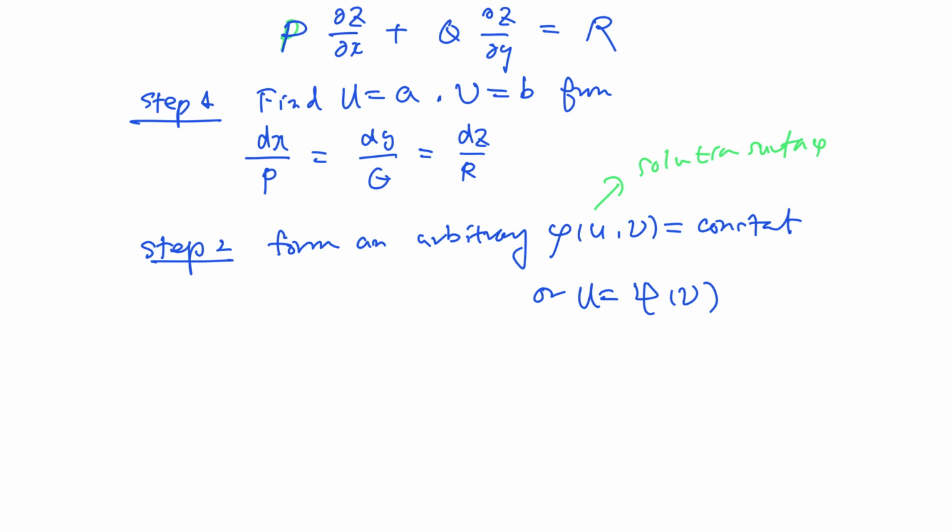Either way is fine. So you first find the solution, so u and v are from this equation. And then from u and v, you form a solution surface such that phi of u, v is constant, or you can say u is psi of v.